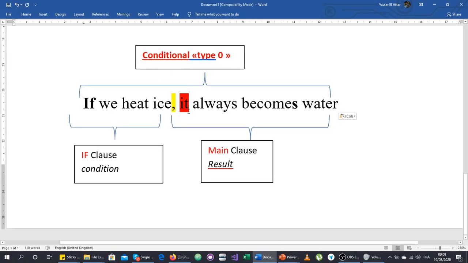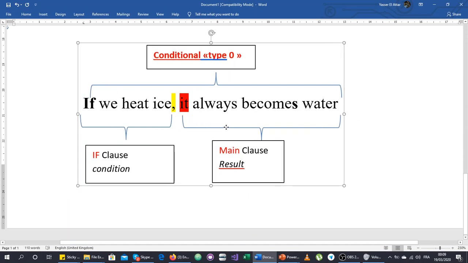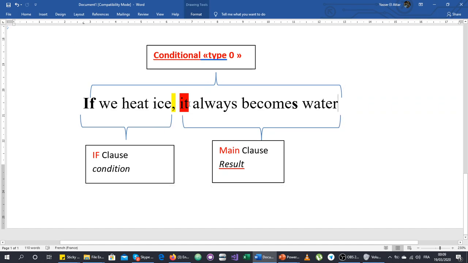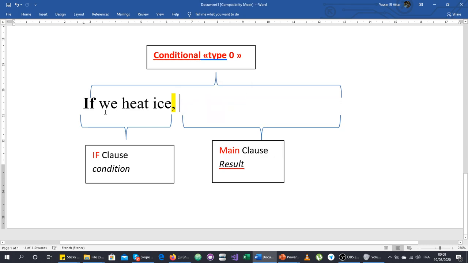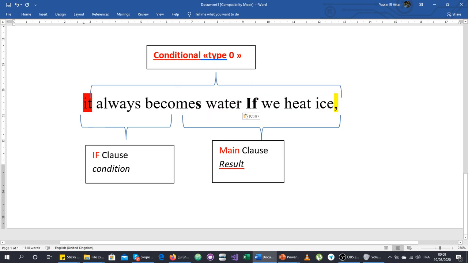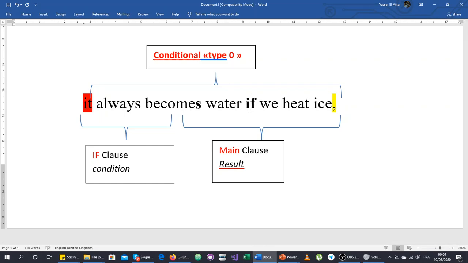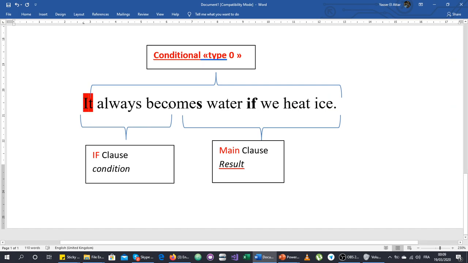Okay, let's take the sentence here. So this is the sentence, and we can actually change it. We can start with this in the beginning, and then "if we heat ice." If we heat ice, it always becomes water; it always becomes water if we heat ice.